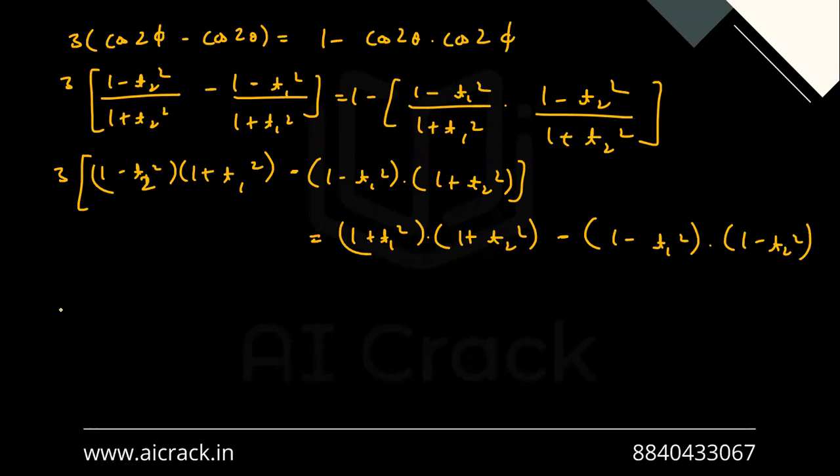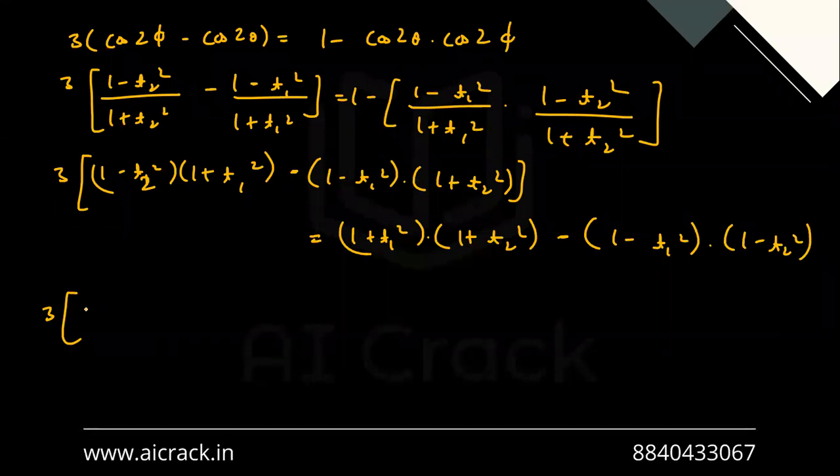Now let's try to solve this one. I can see that 1 times 1 over here and the subtraction of 1 times 1 over here, so that will get cancelled. Similarly, T1² T2² with a minus sign, and here as well T1² T2² with a minus sign, that will also get cancelled.